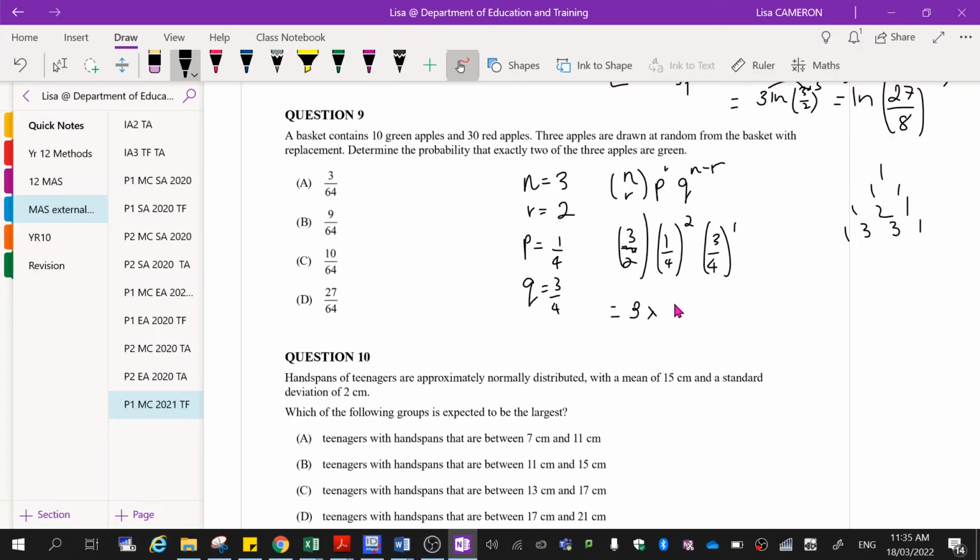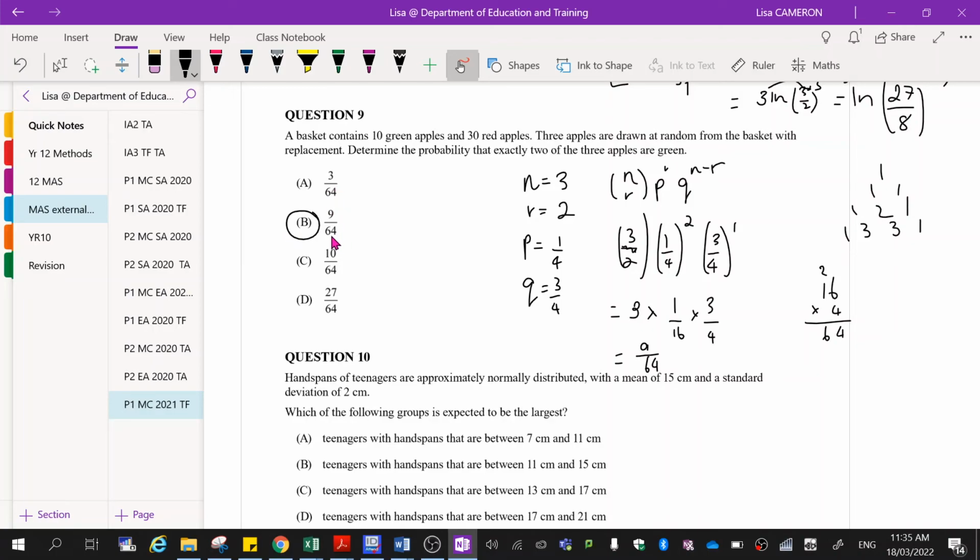So 1 squared is going to be 1, 4 squared is going to be 16 times 3 over 4. So that's going to give me 9 over, now quickly let's just work out 16 times 4. 4 times 6 is 24. 4 times 1 is 4 plus the 2 will make 64. So my answer for that one is going to be B.